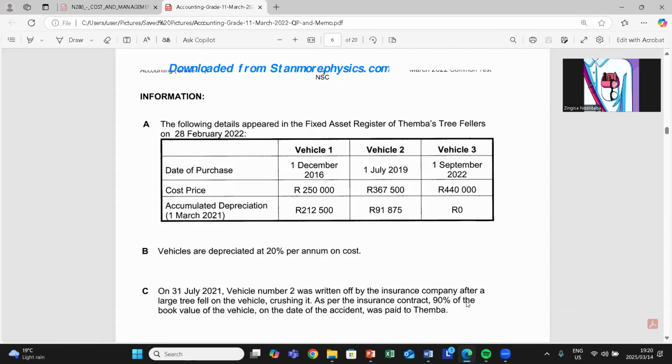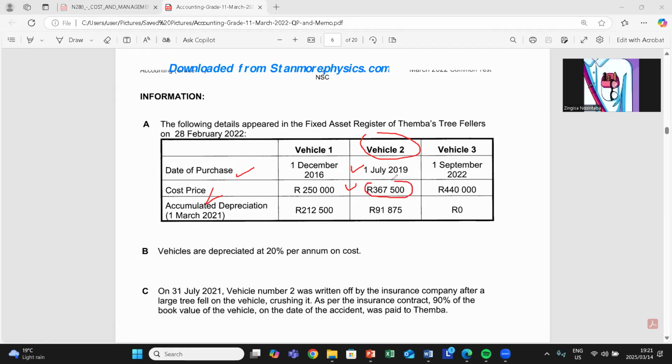They said we should do asset disposal of vehicle two, right? We have the date of purchase. Vehicle two was bought on the 1st of July. They give you the cost price of it, which is 367,500.